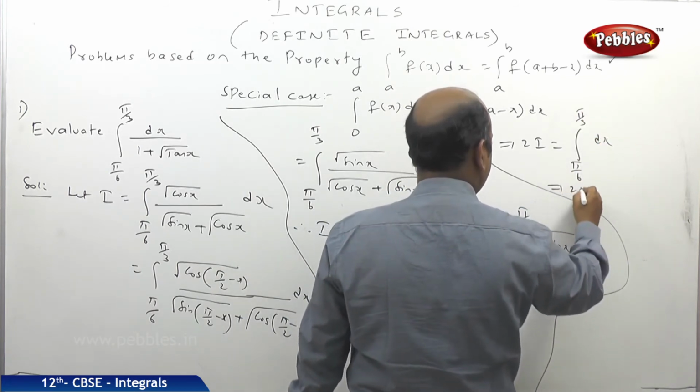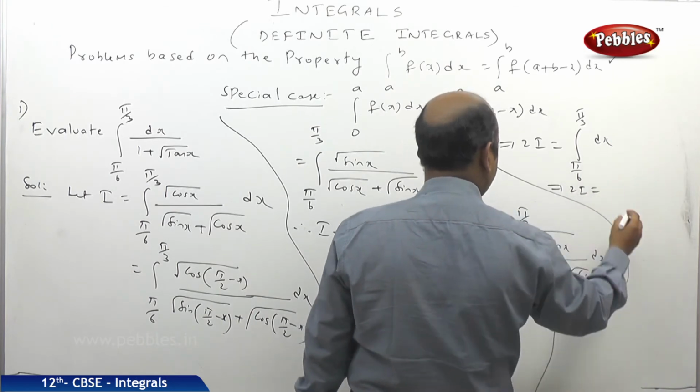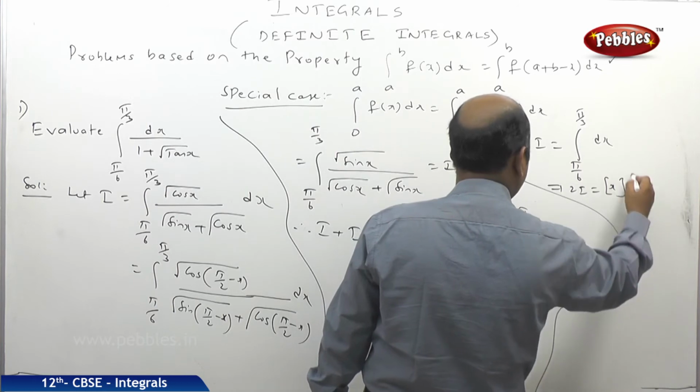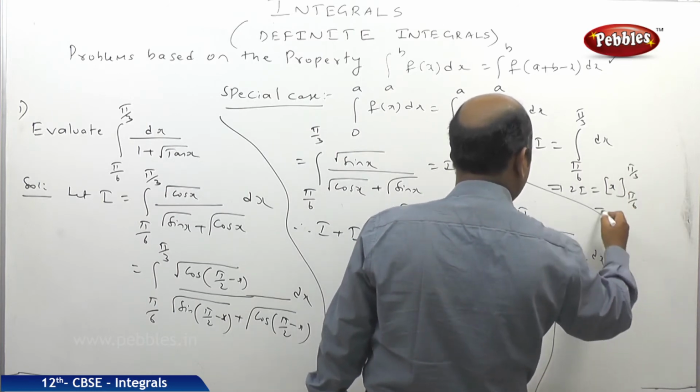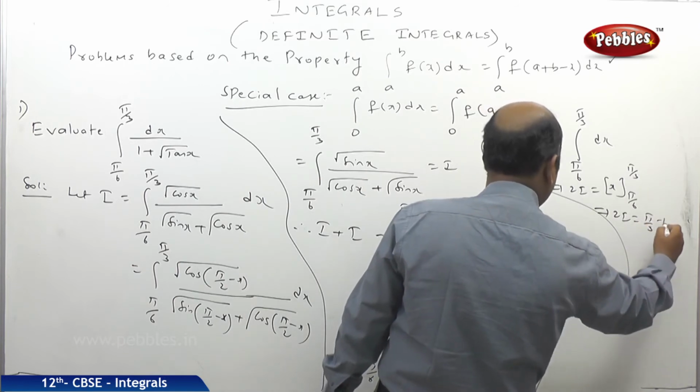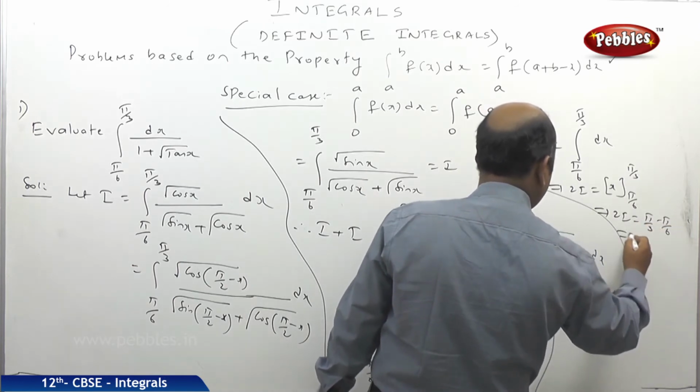So finally 2I is equal to integral of dx, which is x, and limits are pi by 6 and pi by 3. So 2I is equal to pi by 3 minus pi by 6.